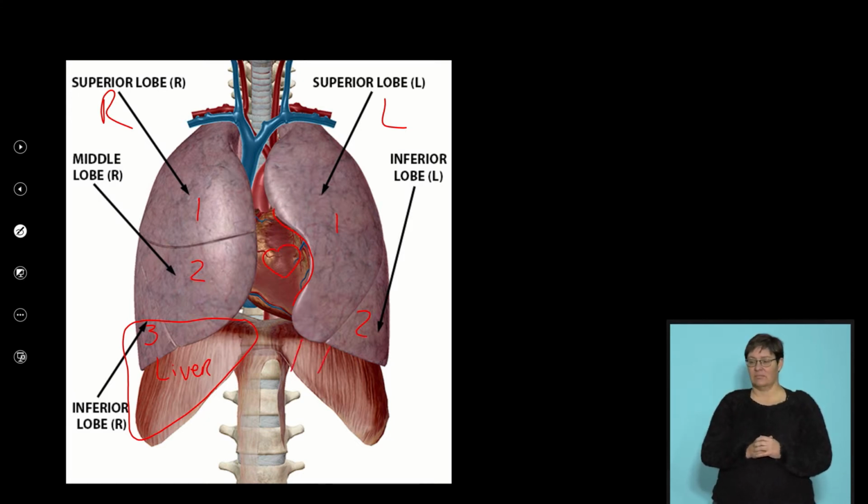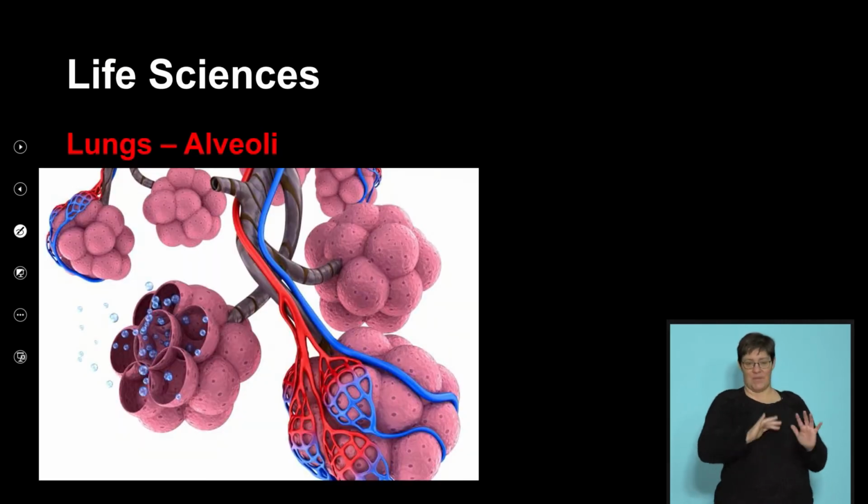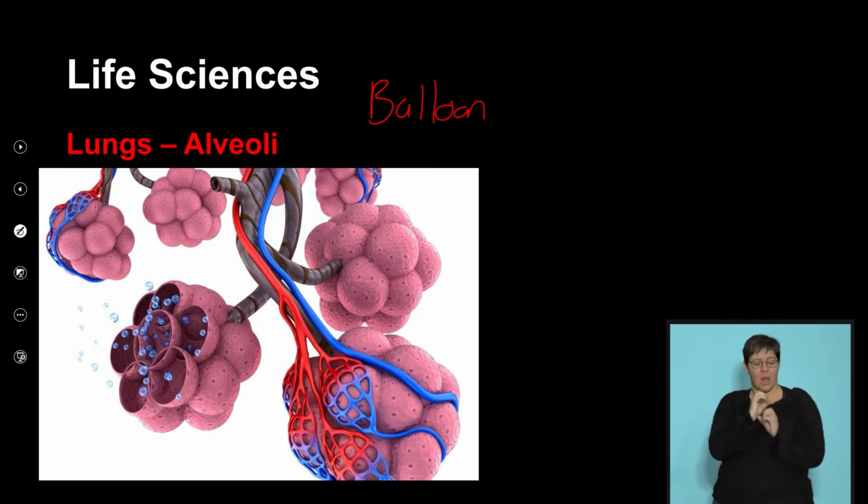Here is this beautiful diaphragm that we're going to talk about when we look at how we're going to breathe. Now, this is a very difficult concept that we look at, and these are the alveoli. As I said to you, you've got to think of balloons. What a balloon does is it inflates with air.